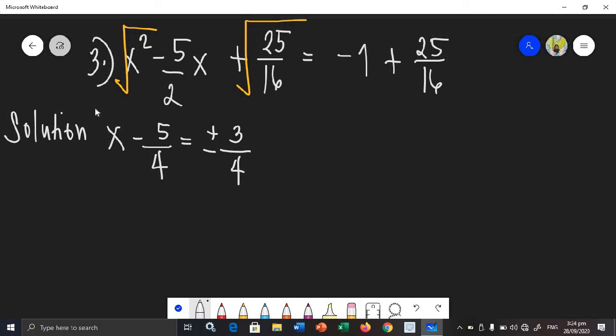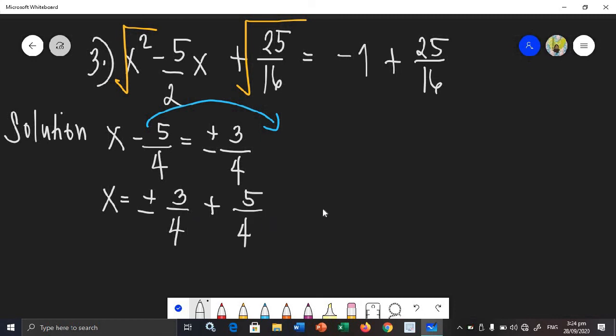Yes. And then, now, para ma-isolate natin si x, we need to transpose negative 5 over 4 on the right side. So, x is equal to positive negative 3 over 4 plus 5 over 4.